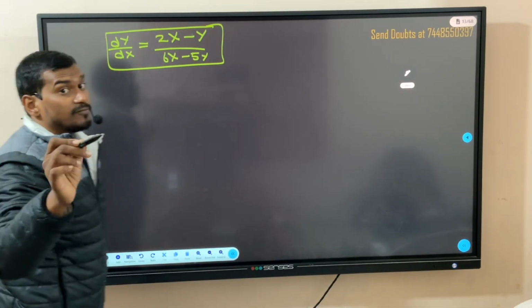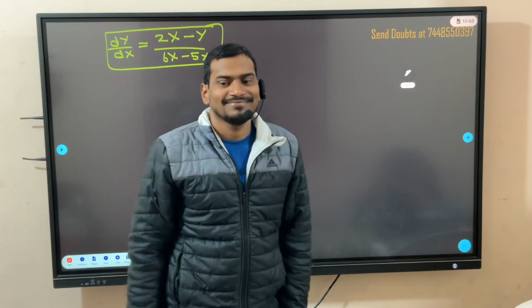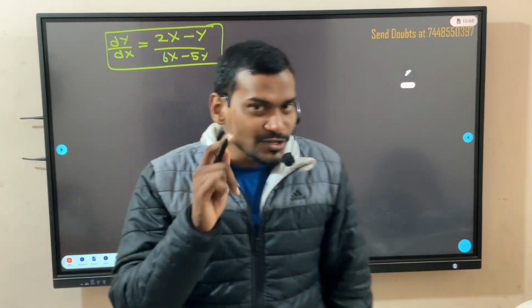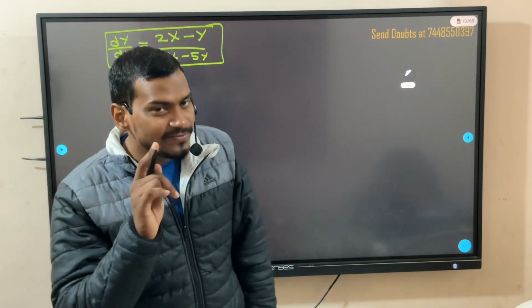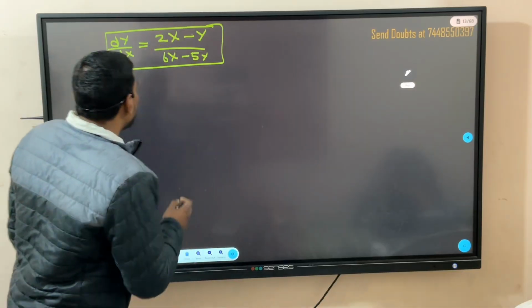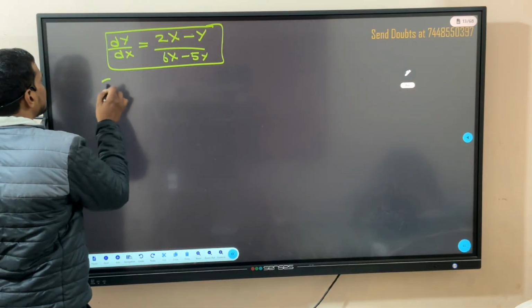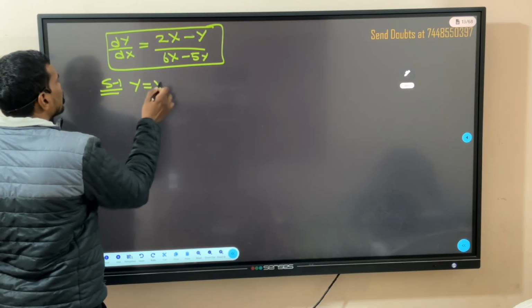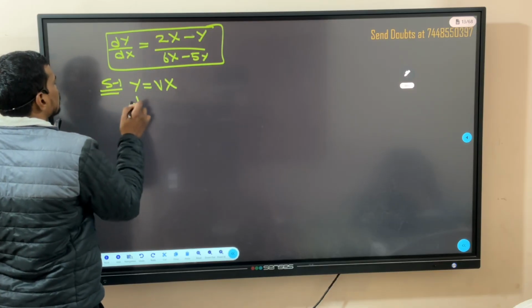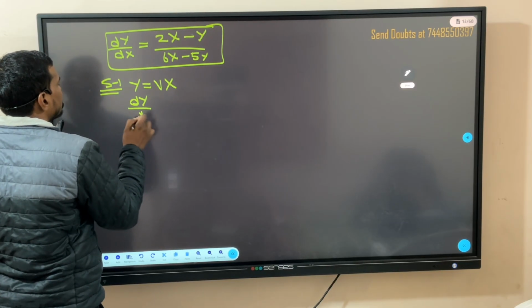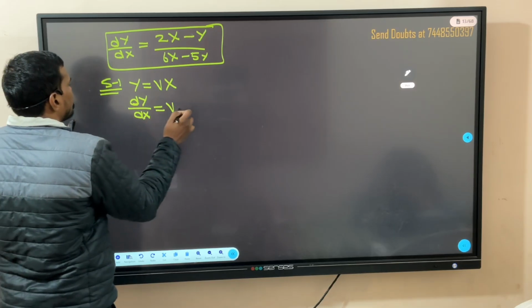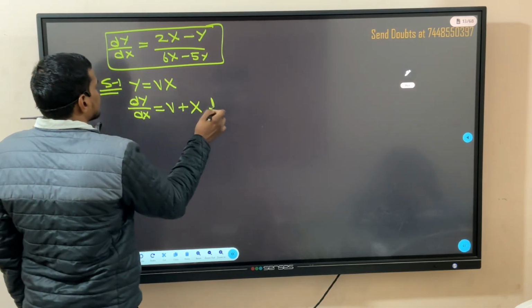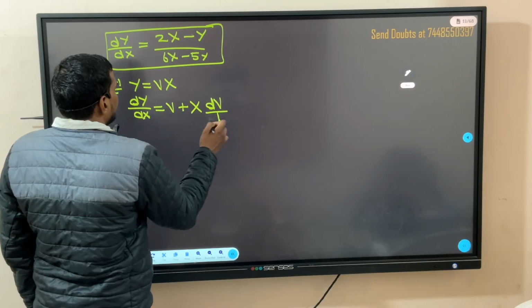Because the constant term we equated to 0. That constant term is 0, beta. Right? So if that constant term is 0, now it is homogeneous. So if it is homogeneous, go by the step 1 procedure. Y equal to vX. So dY by dX will be v plus X dv by dX.